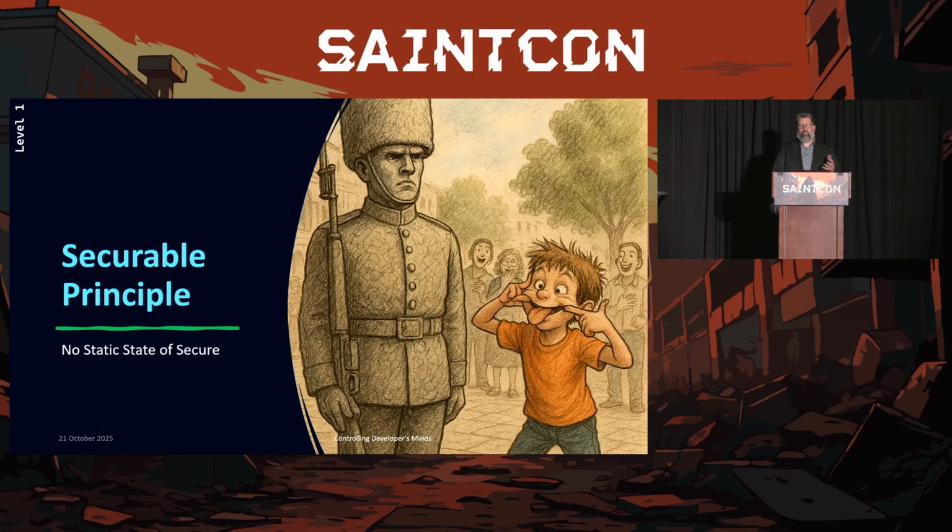The problem we're going to present them with is that there is no static state of secure. This means that they have to create securable code that operates in a secure way and can be configured in a secure way intuitively, and that can be maintained. So it wouldn't seem genuine if we just pointed this out.